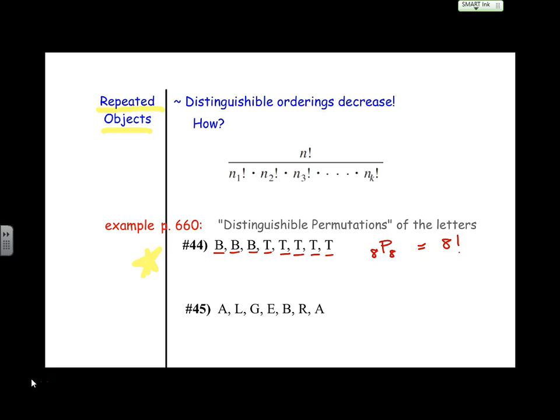Kiddos, how many different rearrangements would permutations say that I could make of B and B and B? 3 factorial, right? Permutations say take those 3 B's and there are 3 factorial, 6, different ways of arranging B, B, B. But it's the same every single time, right?